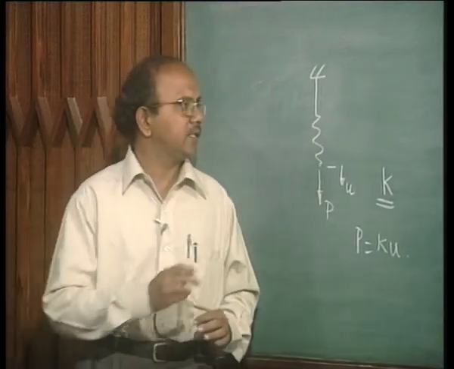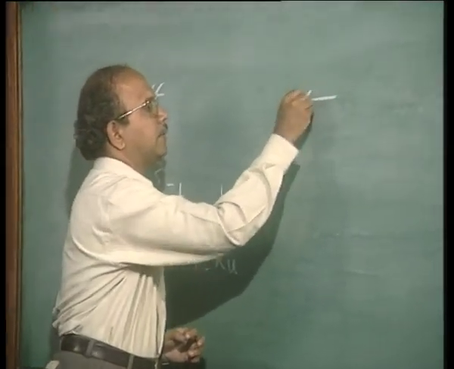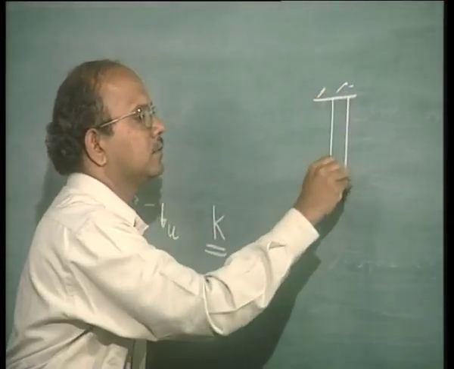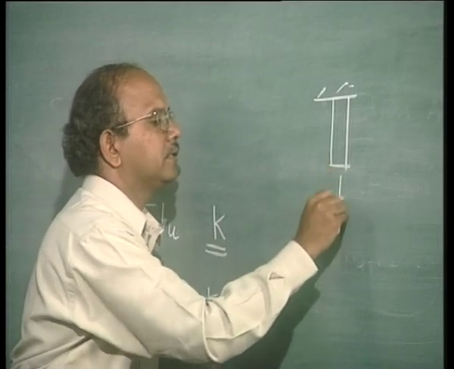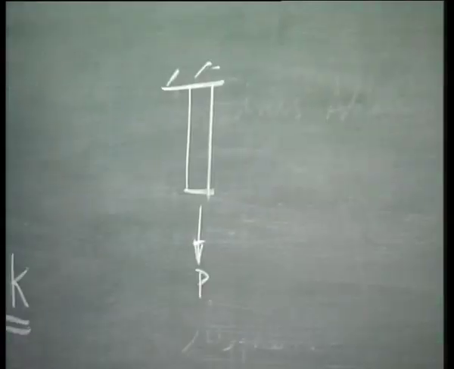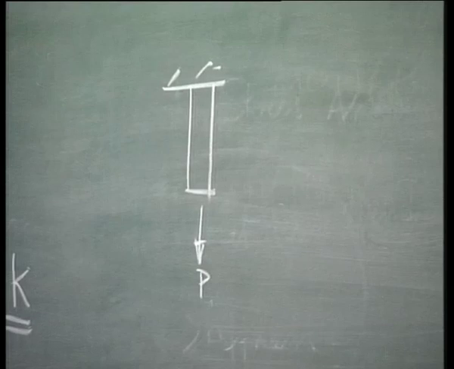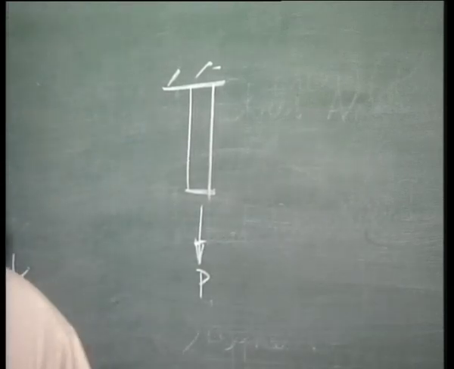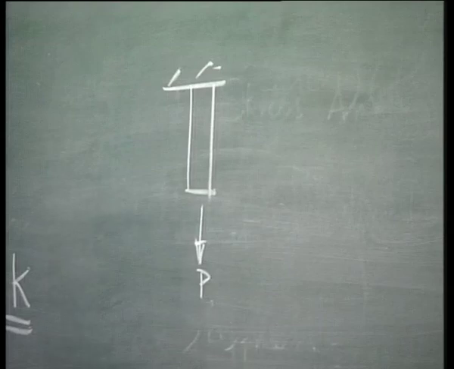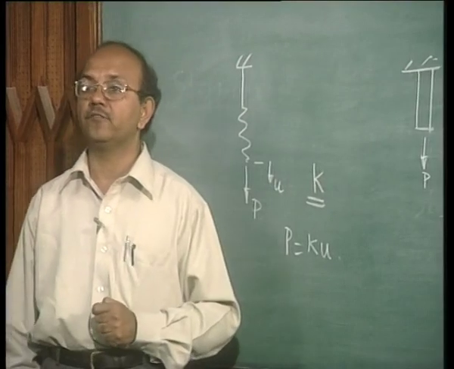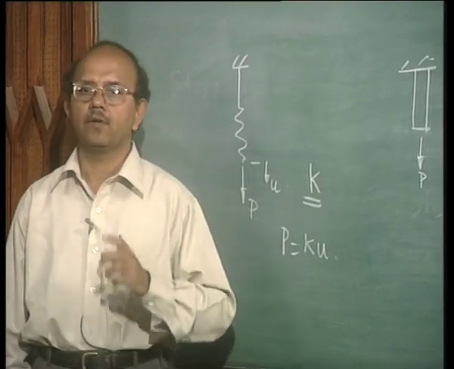As a first case, let us consider a simple bar, and let us say that I apply a force P. Can I talk something as stiffness for this particular bar? Is it possible that we can define it? Yes. How do you define it?